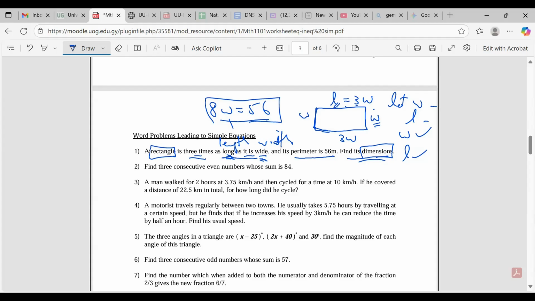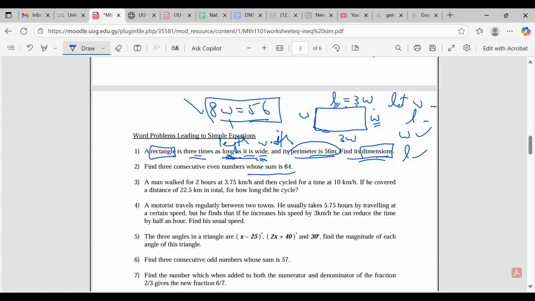And then you look for what information connects them now. In this case, the perimeter connects them. And then see if you can model it by some equation or inequality, or in other cases, you get a pair of simultaneous equations. Not all of them will lend themselves to that.